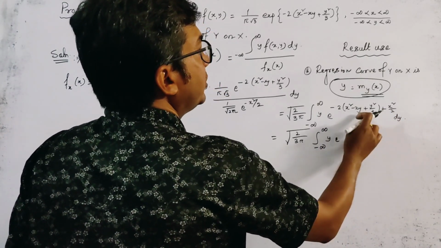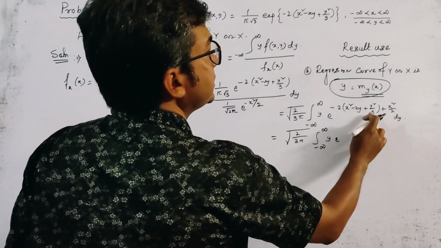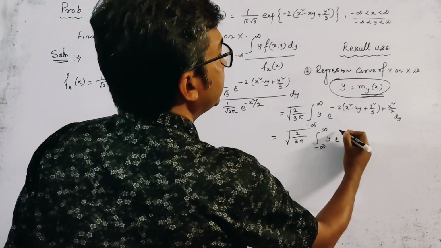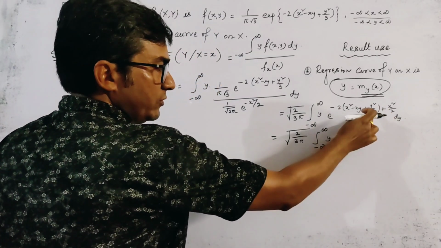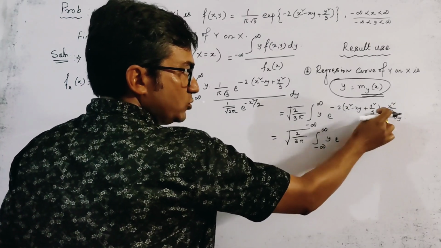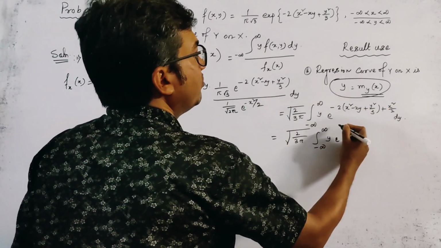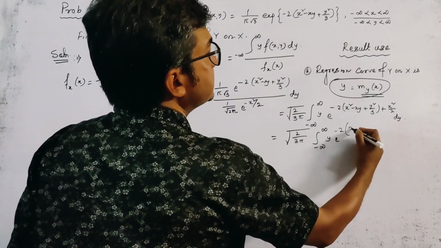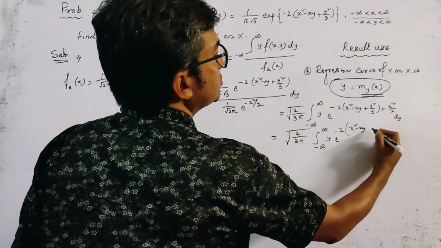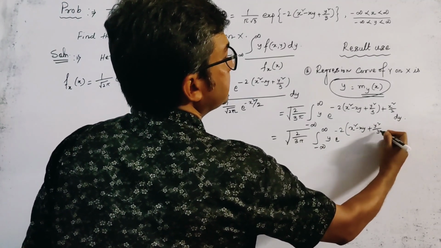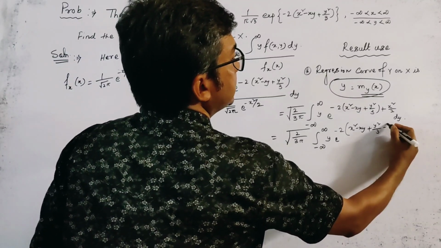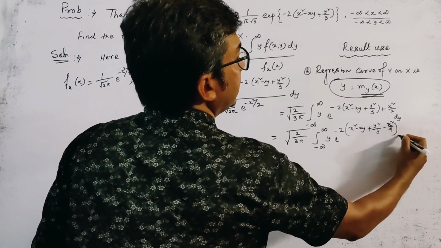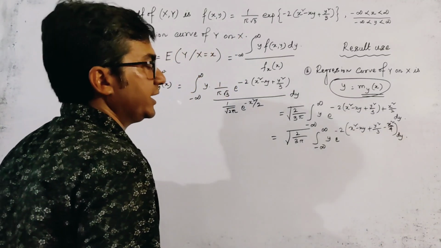We first add this x square by 2 with this, and by taking common minus 2 from the whole term, we get x square minus xy plus y square by 3 minus x square by 4, into dy, right?